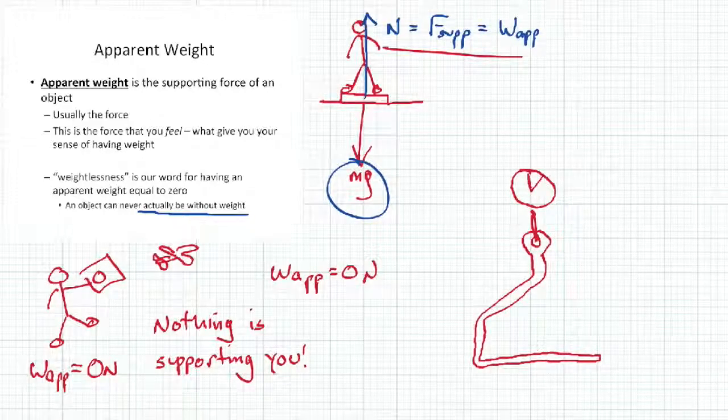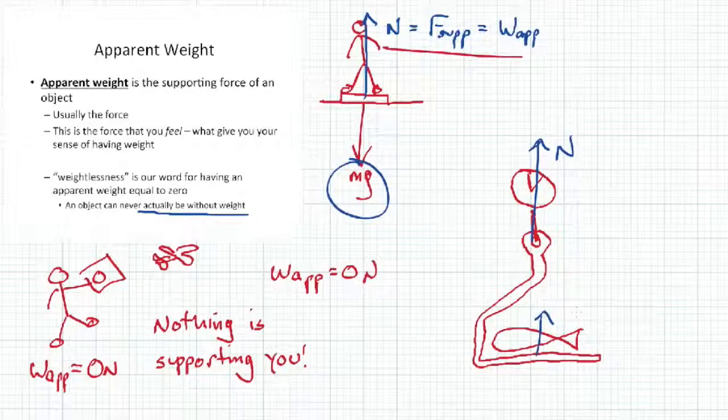Okay, well, you put the fish or you put whatever produce you want on that, and this force right here that the scale reads is, you might say, the same thing as the normal force being applied to the fish, or the supporting force, or the apparent weight. All these are different ways of saying the exact same thing.